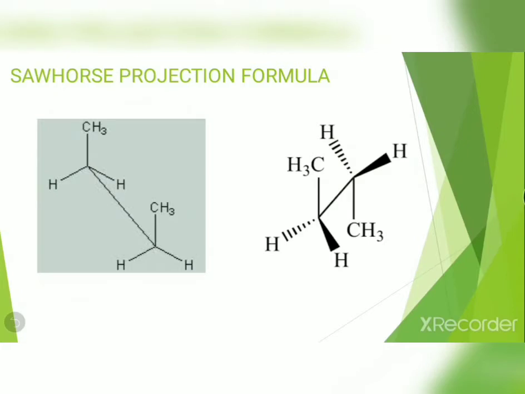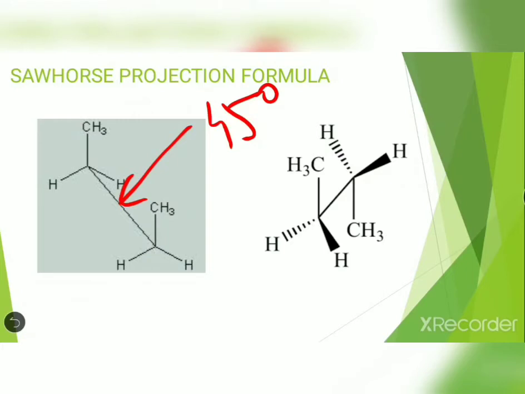In Sawhorse projection, the molecule is projected by holding it such that the central carbon-carbon bond is at an angle to the plane of paper. On the plane of paper, the central carbon-carbon bond is drawn as an elongated line at an angle of 45 degrees to the horizontal line.